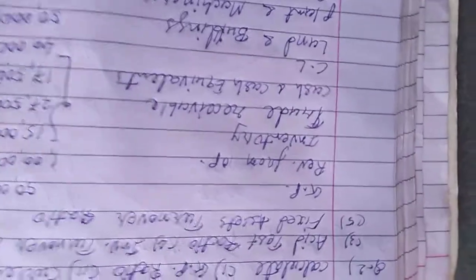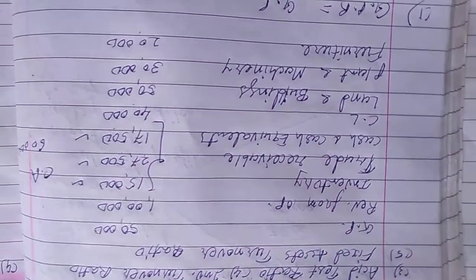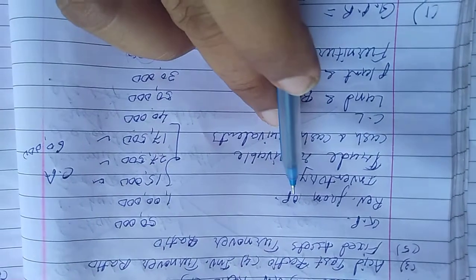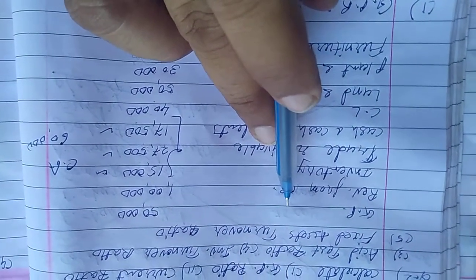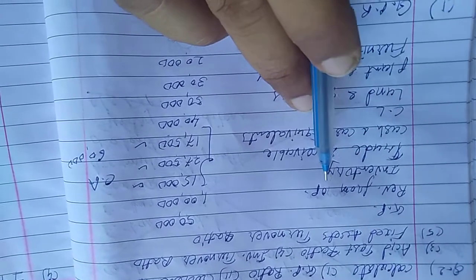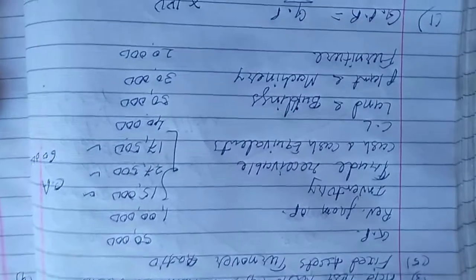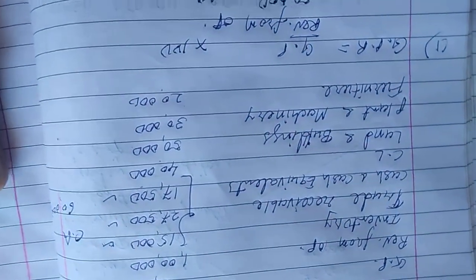So here cost of revenue from operation is not given. Then how to find cost of revenue from operation? Here two things are given: revenue from operation and gross profit. Revenue from operation minus GP will be the cost of revenue from operation.